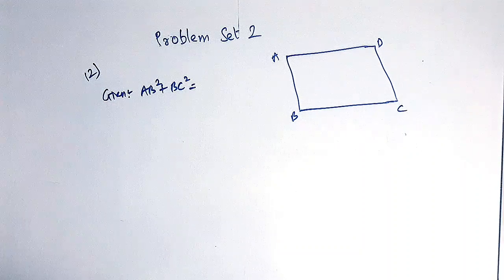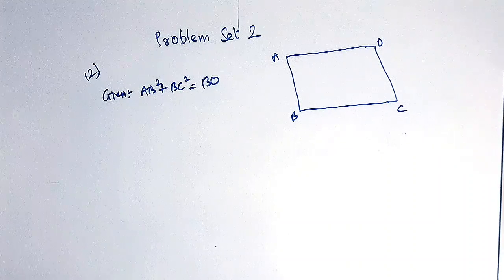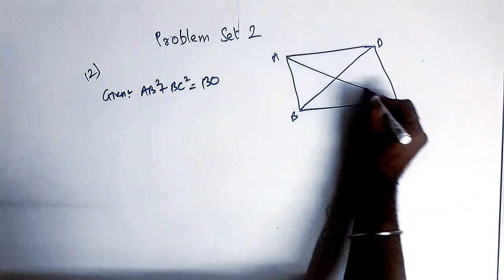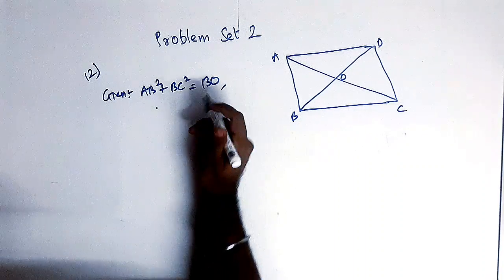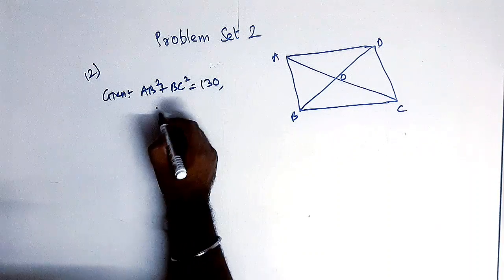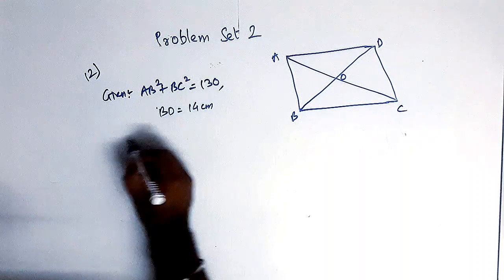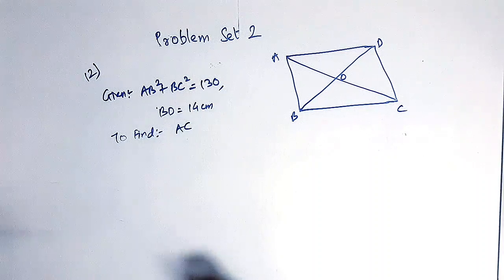It is given 130 centimeter, and the length of one of its diagonal is 14 centimeter. So BD, one of the diagonal, is 14 centimeter. Find the length of the other diagonal. So we have to find AC.